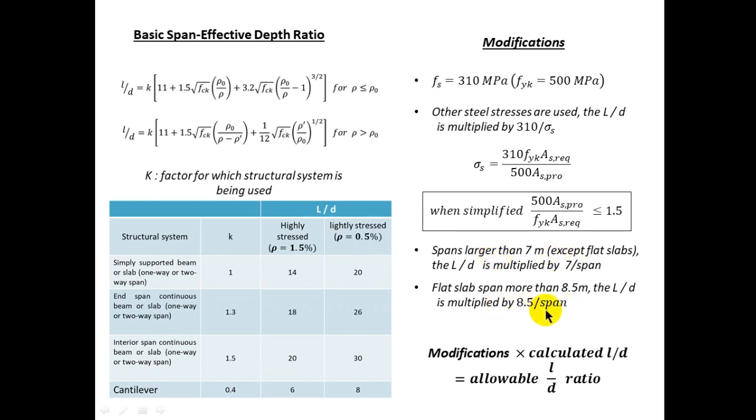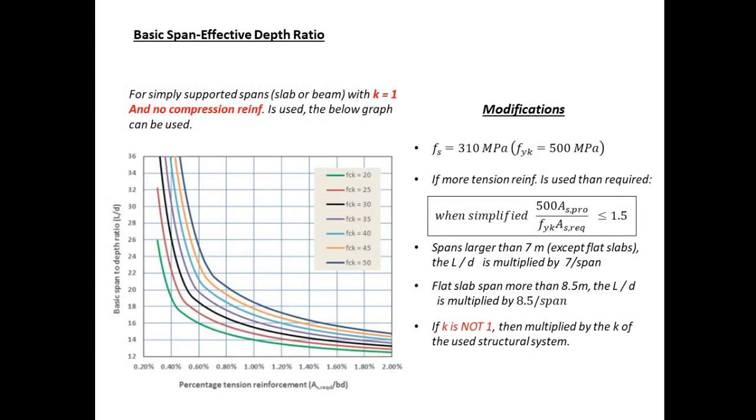That's the modification that we have to apply when we talk about flat slabs. Now, I'm pretty sure that most of the students are very familiar with this graph. I can simply check my ratio from here. I don't have to go through that equation.